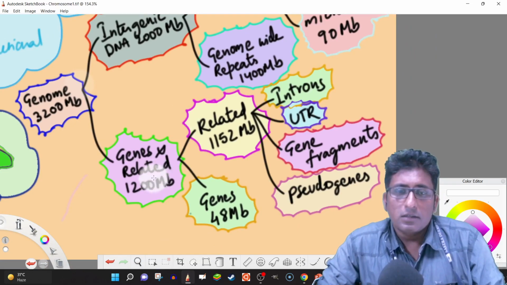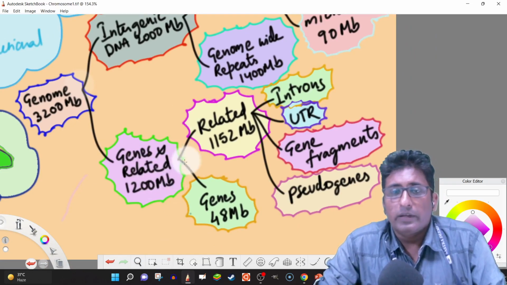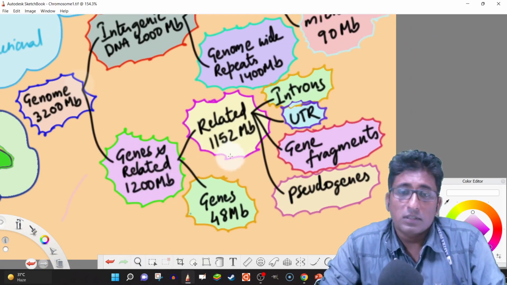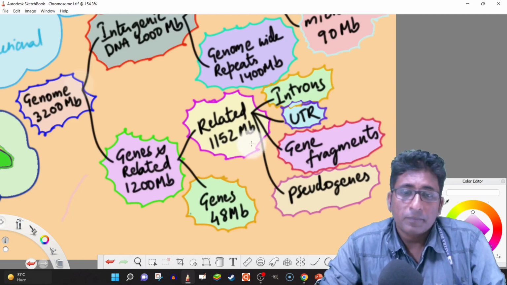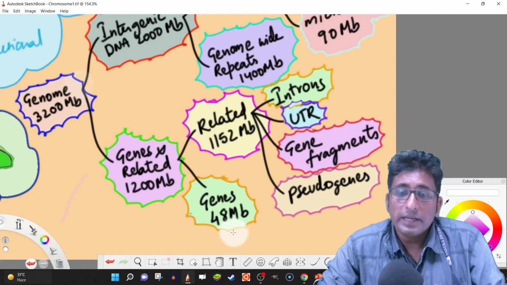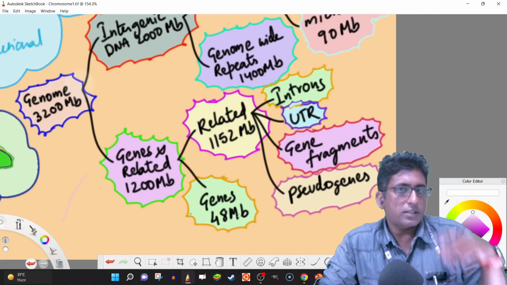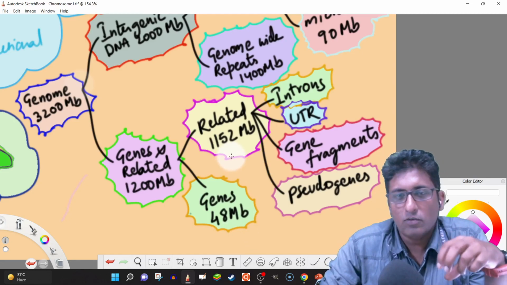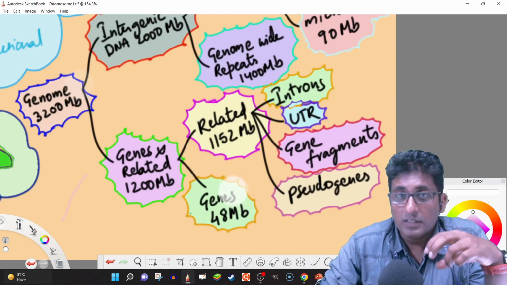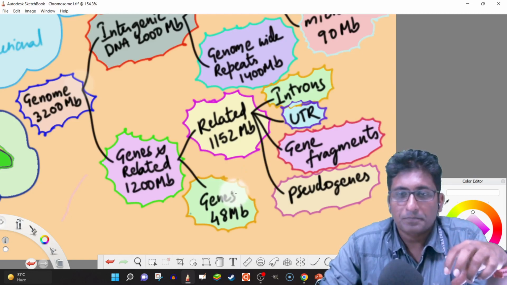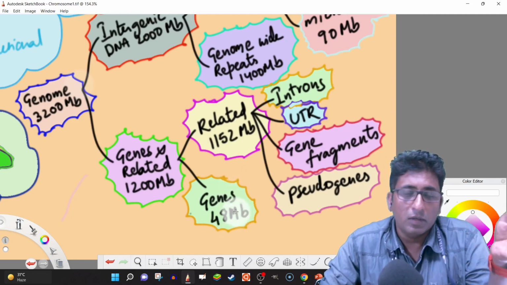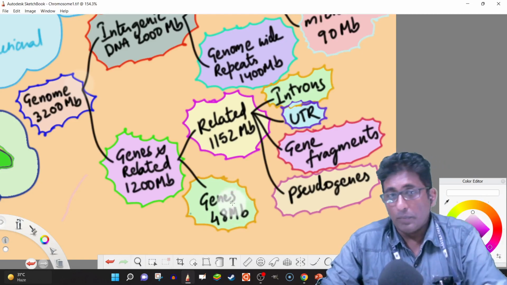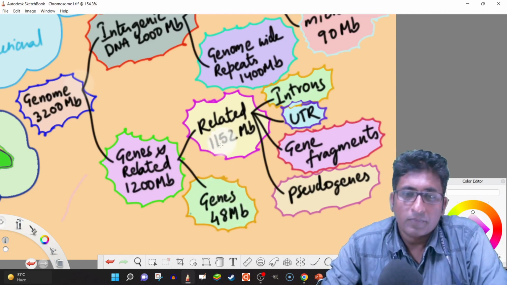Within the genes and related sequences, we have about 1100 MB, and genes are just 48 MB. That means a small number of genes are actually coding for proteins, and that is just 48 MB, about 25,000 open reading frames within the human genome.